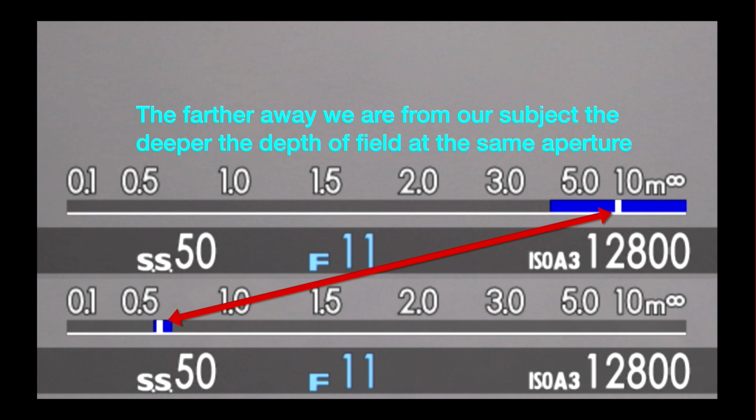So there's the difference between 0.6 of a meter and out to infinity. At infinity, I've got everything from 4 meters to infinity at f11, but when I'm down about 0.6 of a meter, I've got about that much. So how far you are from your subject will dictate how much depth of field you have.